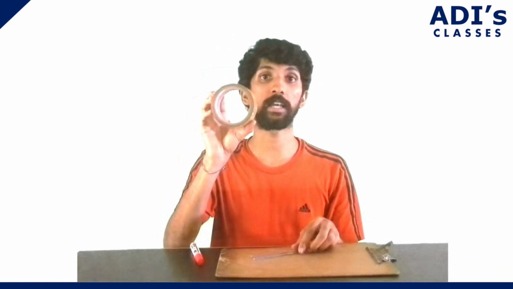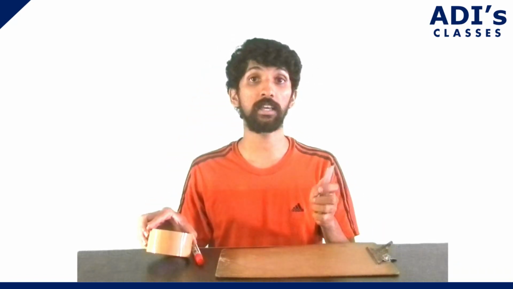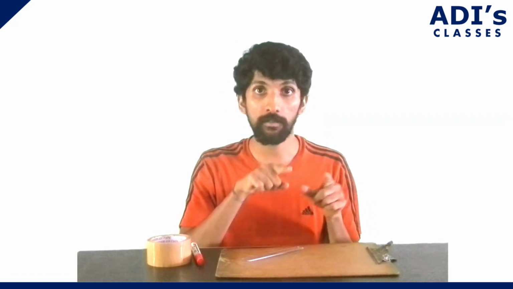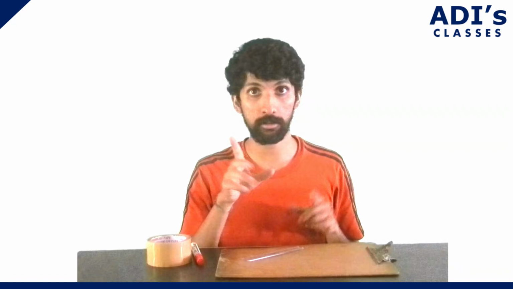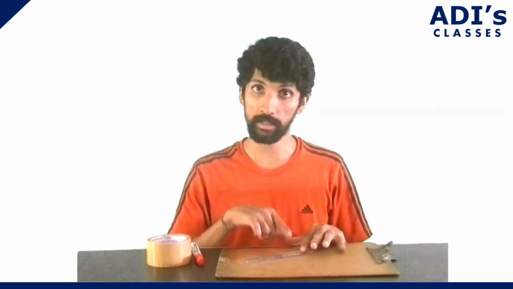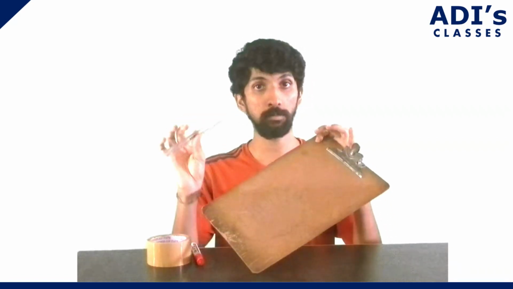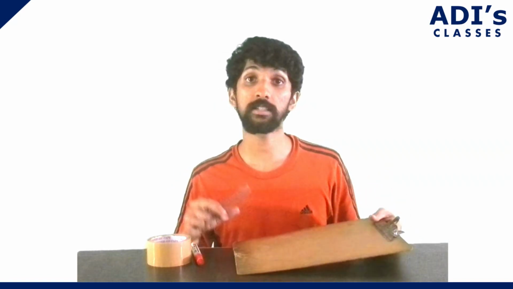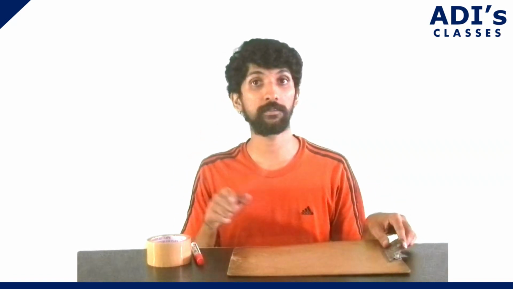For the wonder tape, it's only this much, right? Whereas for a scale, I have this whole rectangular surface. So the area which is in contact with the surface also plays a very important part. Then comes, between the 2 objects, what is the coefficient of friction? Alright, so these are the 3 things the static friction depends on.